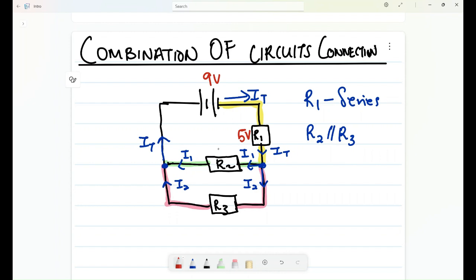Is it coming here or is it coming here? But remember, the remainder will come on both of them. The 4V will come here. It does not split into 2V and 2V. No. This 4V is for this whole branch. Meaning this one will get 4V. Also, this one will get what? 4V.